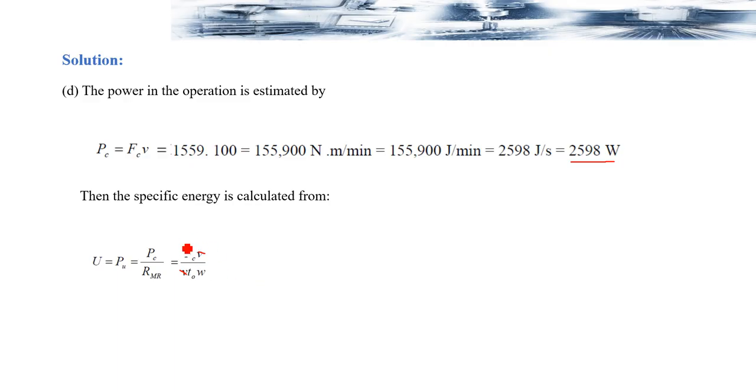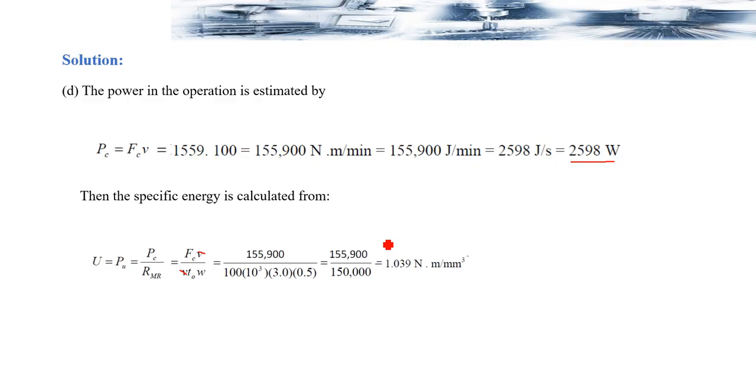Okay, so the cutting force divided by the chip thickness at the cutting multiplied by the width. Or we can just simply use that. Okay, so I'm going to end up that the specific energy is going to be equal to 1.039 joule per cubic millimeters.